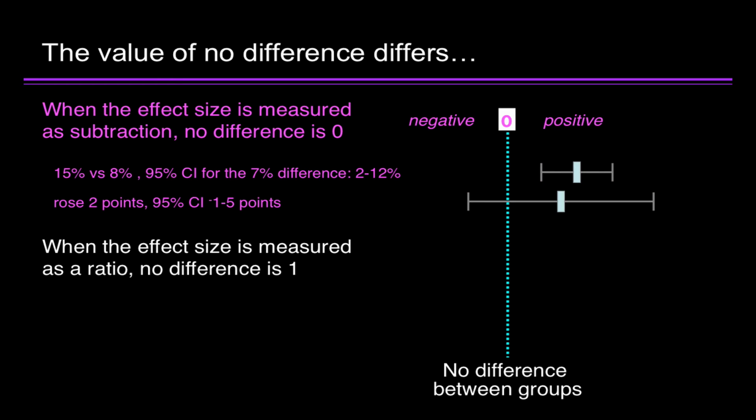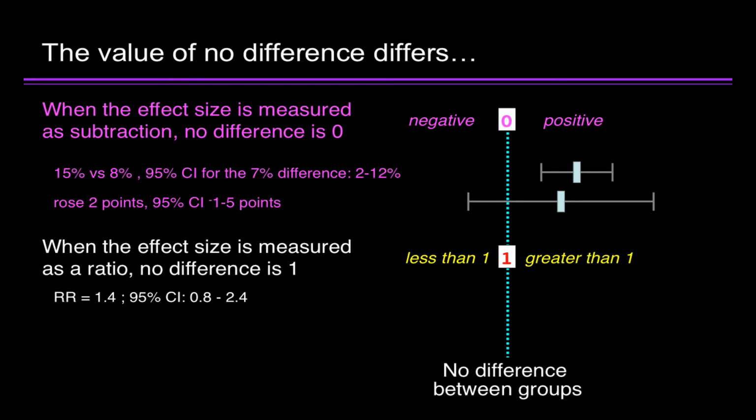On the other hand, when the effect size is measured as a ratio, no difference is 1. That means the numerator and the denominator are exactly the same size. So now no difference is 1, and one side of the no difference line is less than 1, the other side is greater than 1.